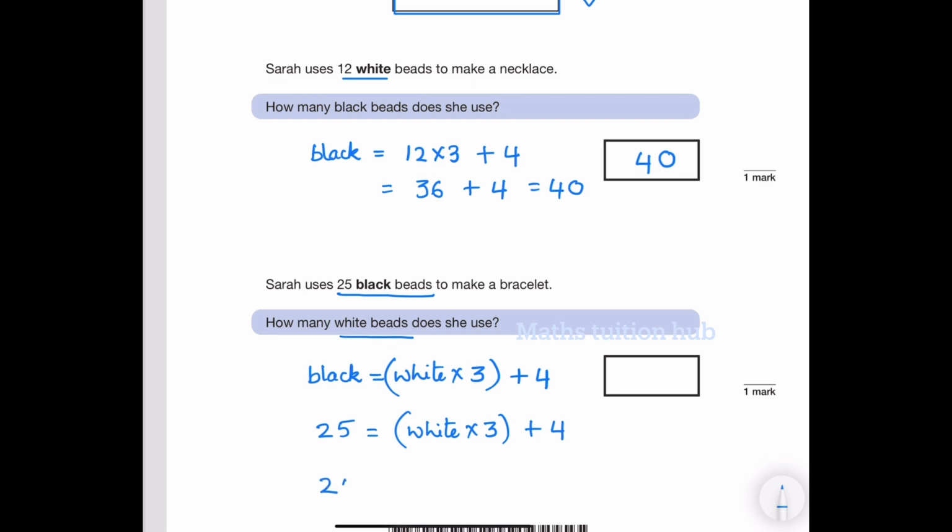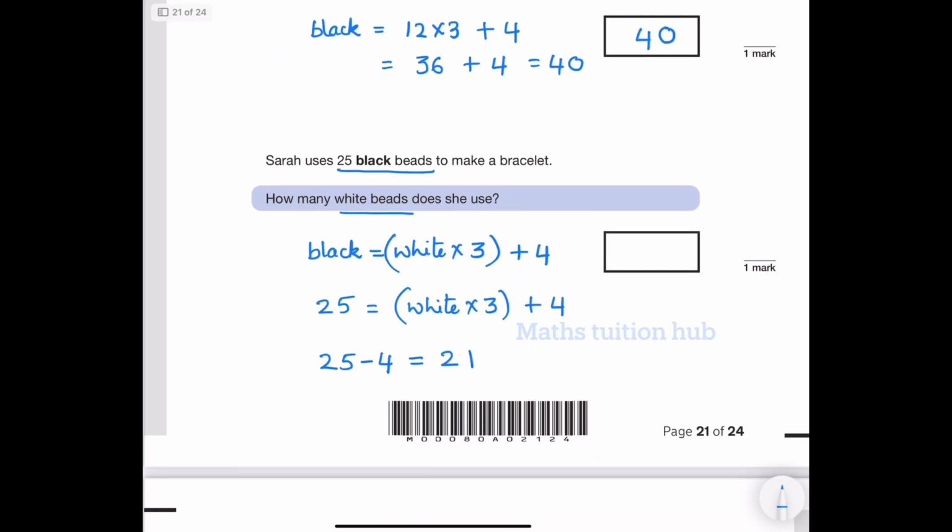So now take away 4 from 25, that is 21. So 3 lots of white beads is 21. So white beads, or one part of white beads, are 21 divided by 3, which is 7. So 7 white beads are needed if she has 25 black beads.